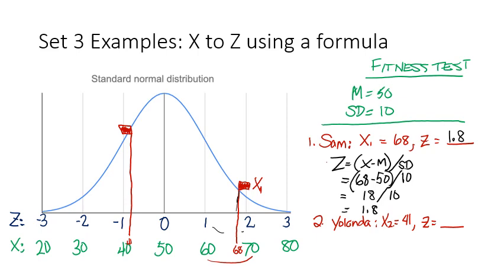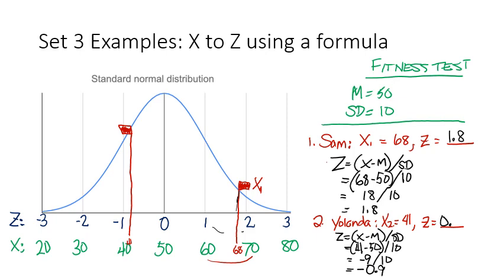So we know the formula. Let's just write that formula down again. Z equals X minus M divided by SD, which equals 41 minus 50 divided by 10, which equals -9 divided by 10, which equals -0.9.